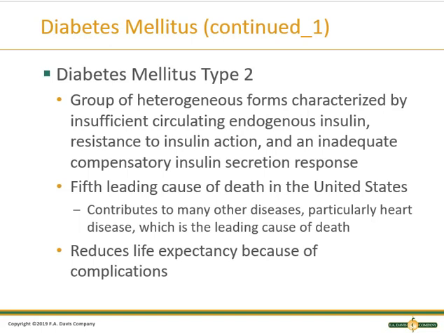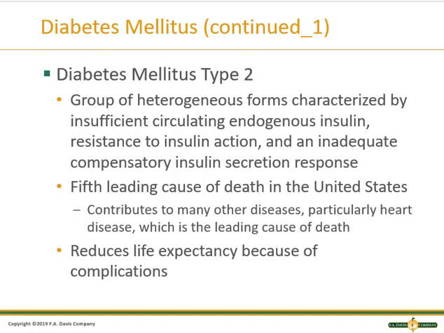Next, we're going to talk about type 2 diabetes, and these are characterized by insufficient circulating endogenous insulin, resistance to insulin, and inadequate compensatory insulin secretion response. The book mentions several risk factors associated with type 2 diabetes. Those are found on page 923.